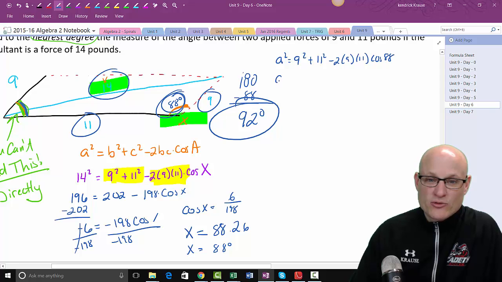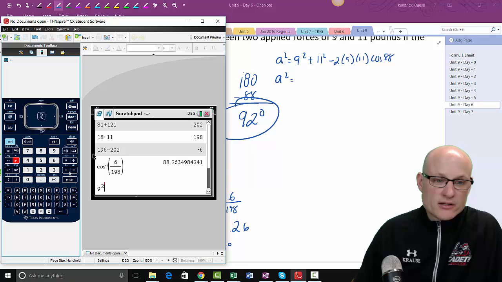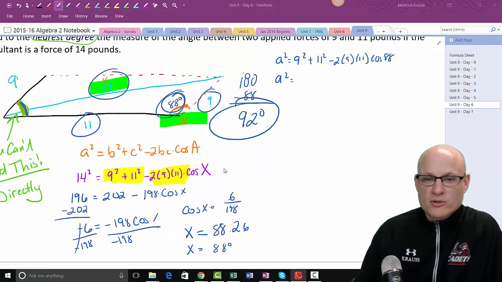Now this should be close to 196. It's not going to be exactly 196, but it's really close. Okay, so we're good. That's the answer.